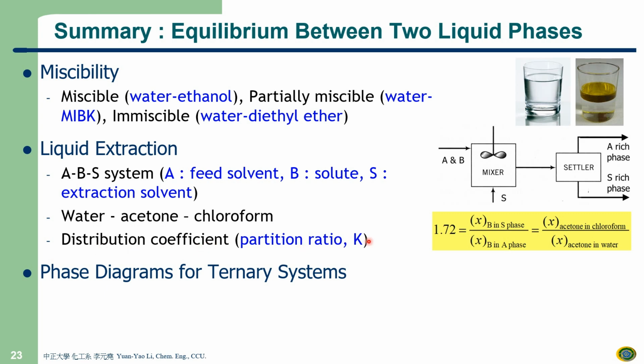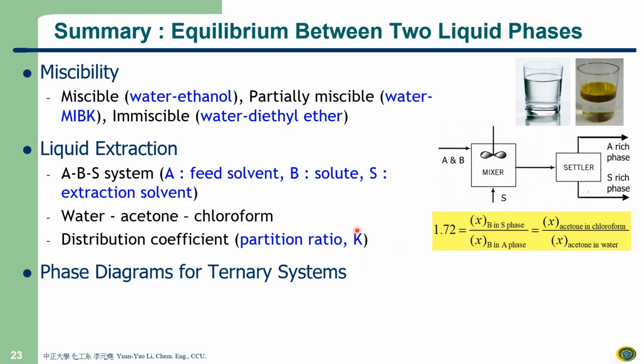We use K to represent it, and another name for it is partition ratio. This is the equation, and it is very simple: how much acetone is in chloroform, divided by how much acetone is in water. We use mass fraction.